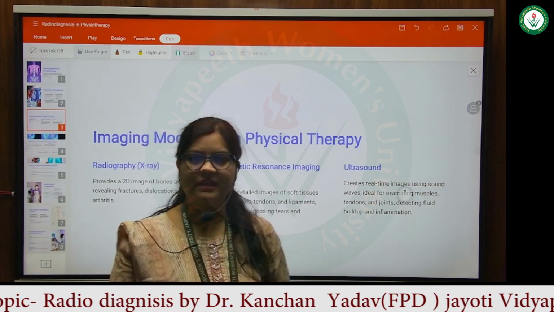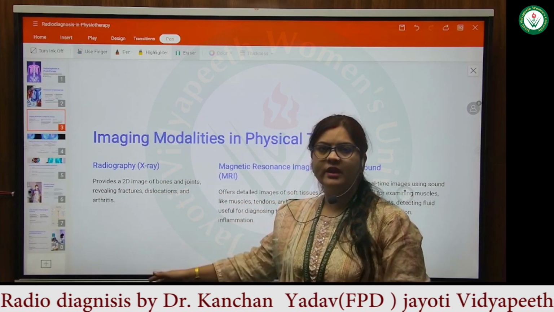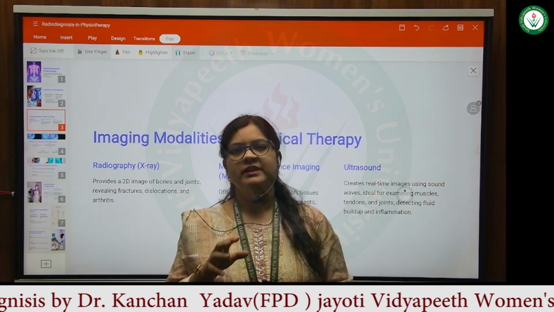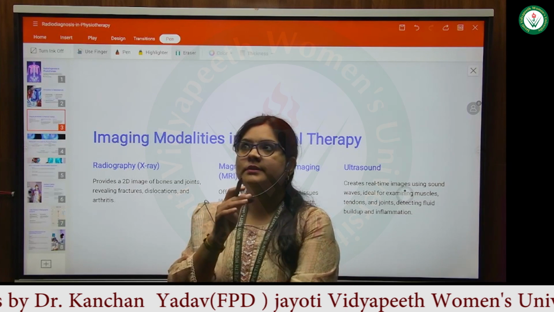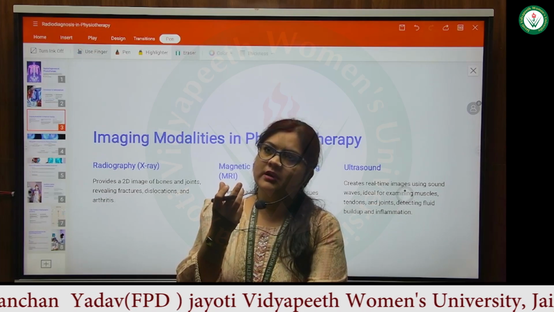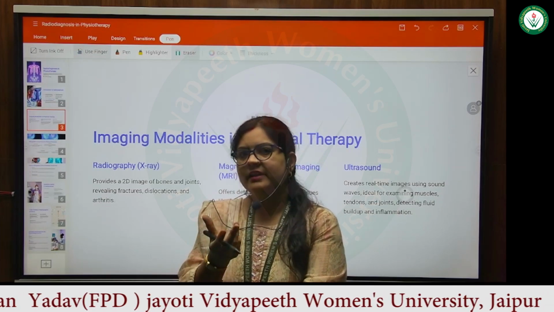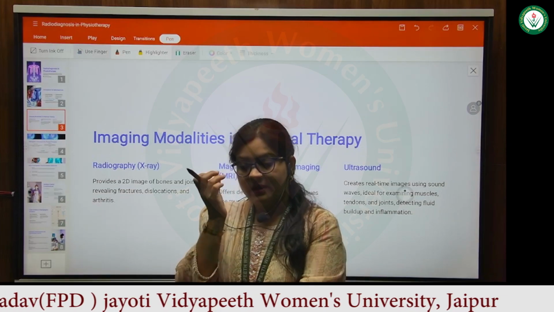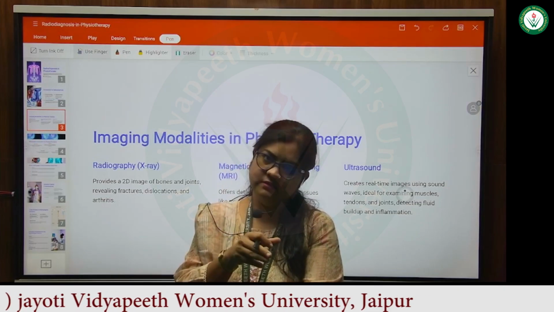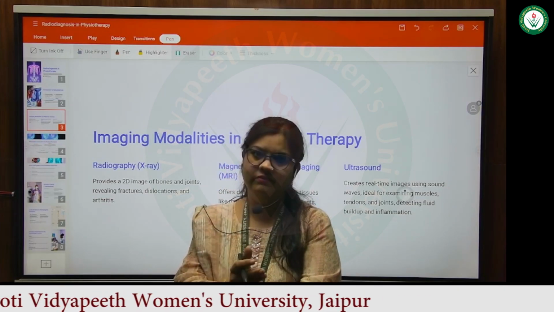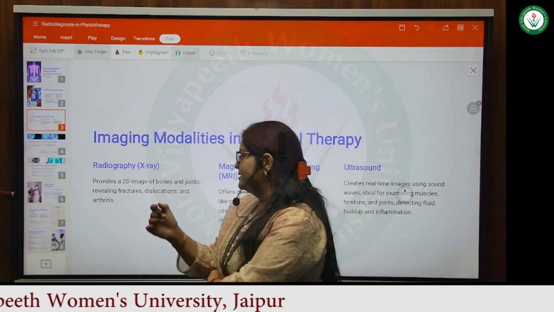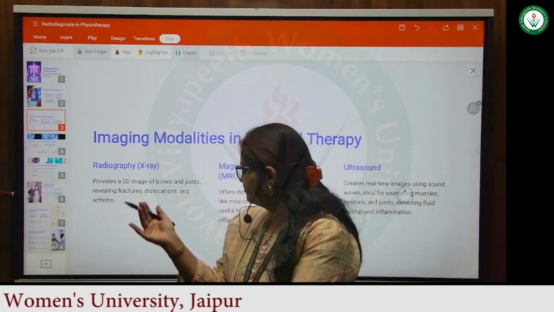So again, in conclusion for radiography, the first modality we have discussed, the X-ray, provides a 2D image through which we are capable of identifying any type of injury, or sometimes any pathology regarding infection or inflammatory condition. Injury like dislocation, sometimes fracture, and sometimes displacement we can also see by the X-ray.